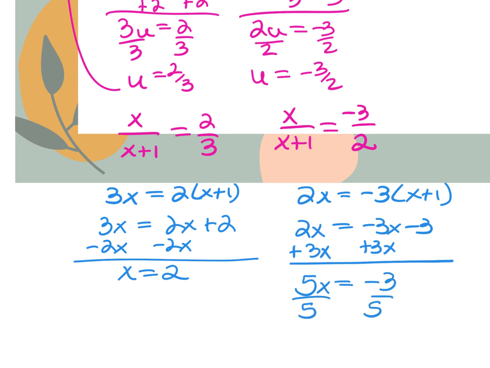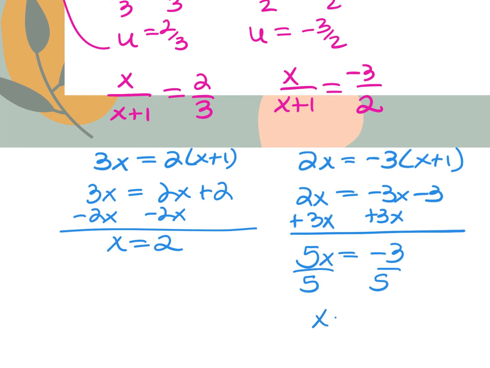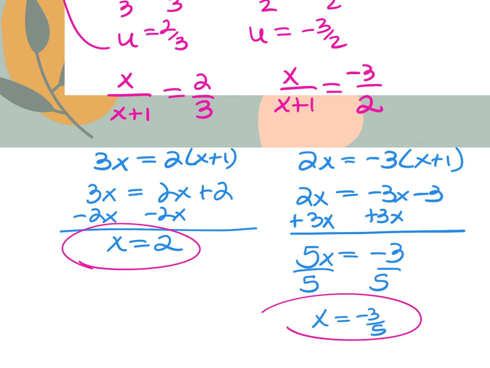Divide by 5. And x equals -3/5. So my two answers are going to be +2 and -3/5. Doesn't make anything a 0. We're good. Last example's got a radical.